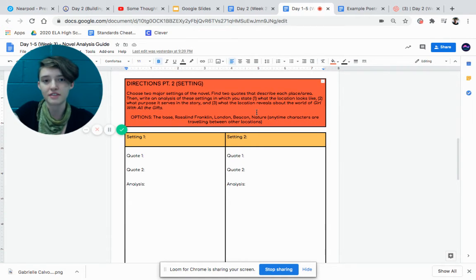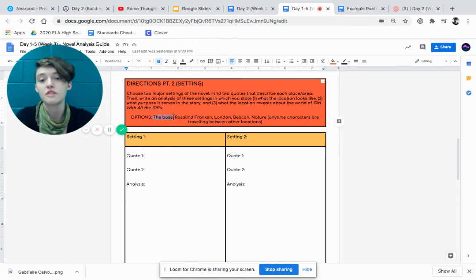I'm looking for stuff that is like, what does it reveal about the larger issues in the world, or at least in the characters' lives? Things that are closer to theme. So find me two quotes for each setting that you choose, and then write an analysis that answers all three of these questions. These are the locations you can choose.